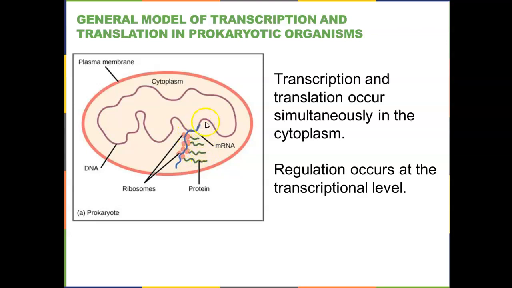So in this particular drawing right here, one genetic section has been transcribed or is being transcribed. It's not finished yet because we still have them intertwined right here with the messenger RNA hanging off into the cytoplasm. And this ribosome system right here attached, or the drawing is really backwards.